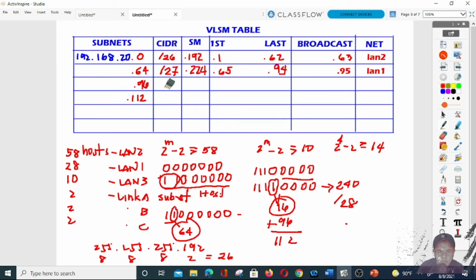Okay, and then we'll put here our next CIDR is slash 28. And this is the 240, our new subnet mask. And then the first usable is from this range, 96, this is 97. And then the last usable before the broadcast is 110.